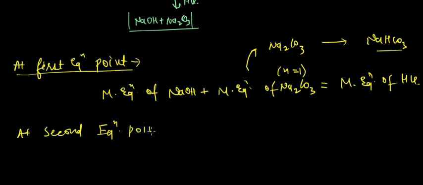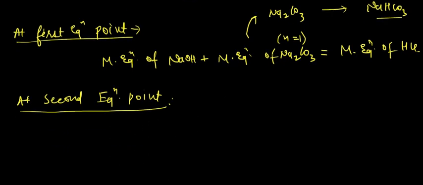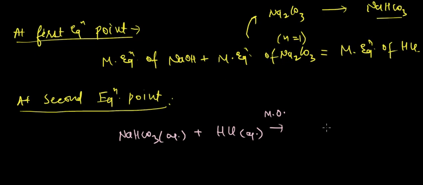At the second equivalent point we can say that milli equivalent of NaHCO3. So at the second equivalent point, let me write what will happen: we would have NaHCO3 aqueous plus HCl aqueous getting converted, in terms of methyl orange, into H2CO3 plus NaCl.